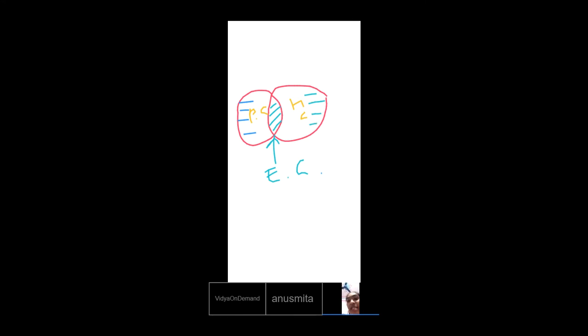Why is it in the middle, between the two circles? Because, as I have told you, environmental geography is about the important interactions between nature and human. So this circle also comes under human geography and physical geography, because environmental means human plus physical.